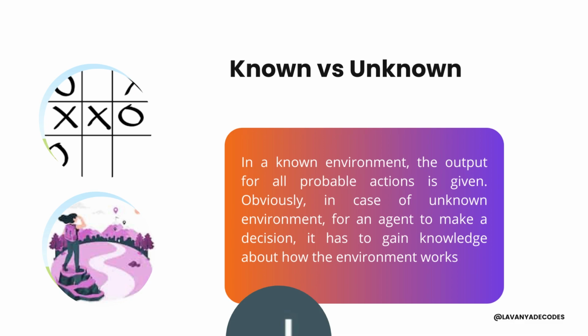In contrast, an unknown environment is one in which the agent has limited or no knowledge about the environment rules, transition states, or reward structure. In this case, the agent may not know what actions are available to it. For example, real world applications, such as exploration tasks, are examples of unknown environments.